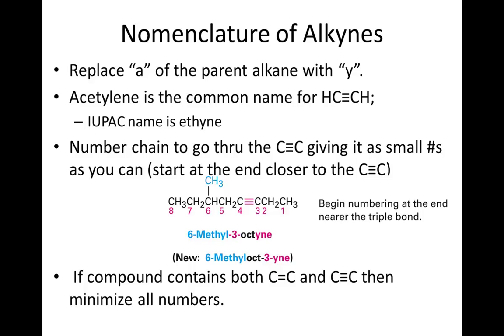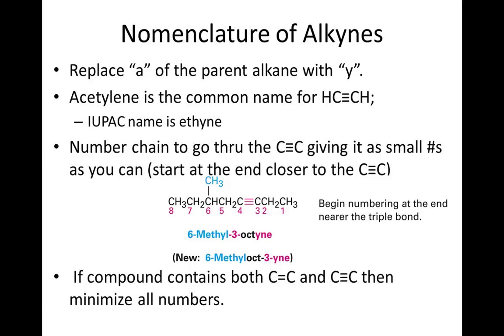And so, for example, you might get a name like this because we started at this end closer to the triple bond. We have a total of 8, so 6-methyl-3-octyne, or in the new style you can put the 3 inside the word right before the -yne, which is what it's modifying.